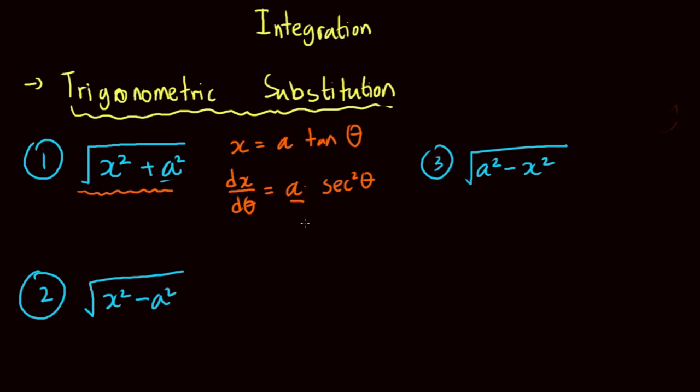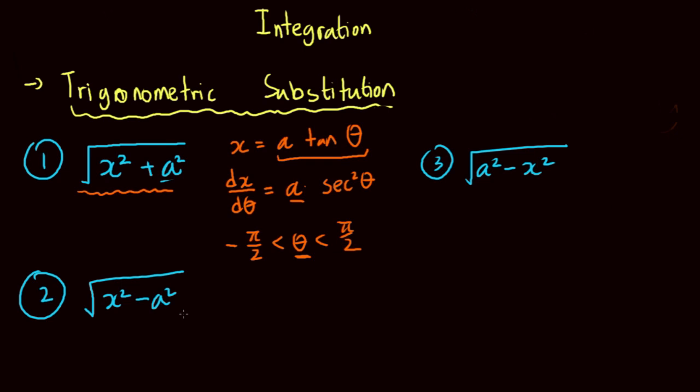And this theta floats between negative pi over 2 and pi over 2. This is the range of theta values acceptable when you're using tan theta.